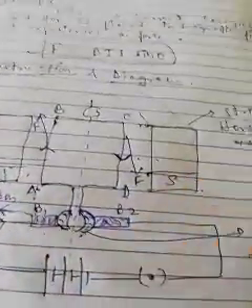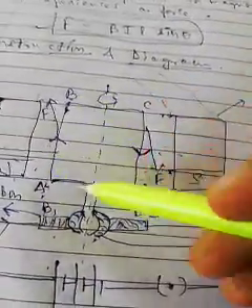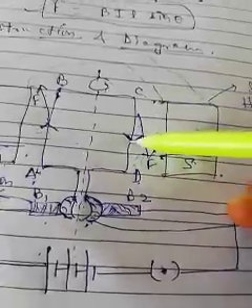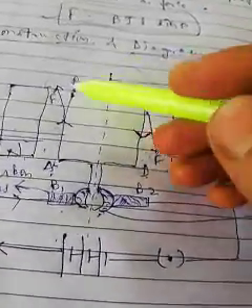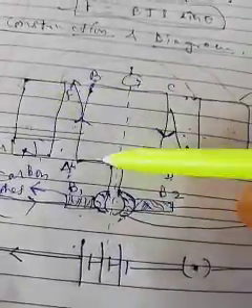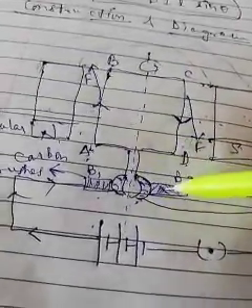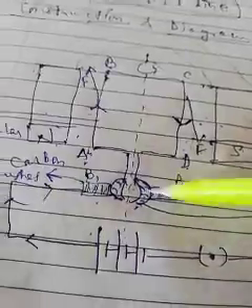In the construction part, you can write that an insulated copper rectangular coil is taken, the ends of which are connected to a split ring commutator and carbon brushes with the help of the terminals of the battery.